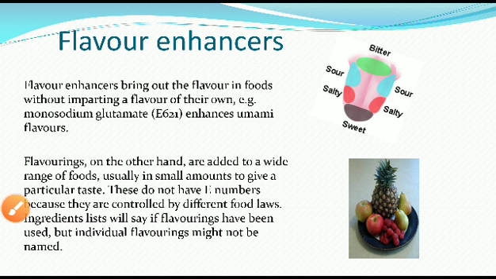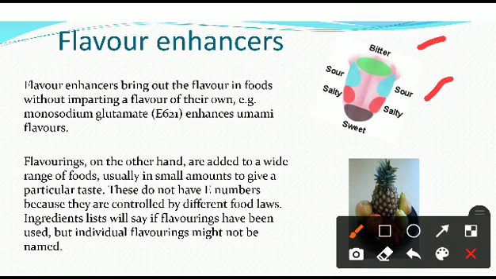Next additive is the flavor enhancer. There are different flavors: bitter, sour, salty and sweet. Flavor enhancers bring out the flavor in food without imparting a flavor of their own. For example, monosodium glutamate, which has the E number E621, enhances umami flavor.